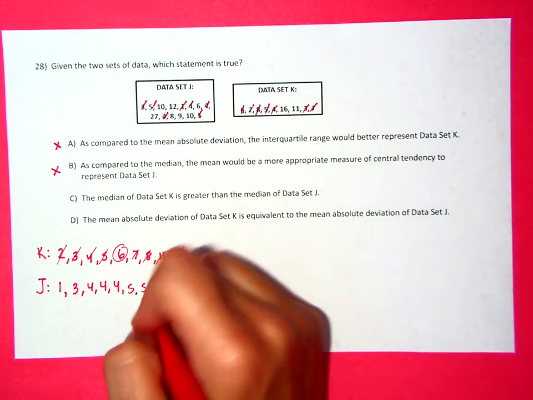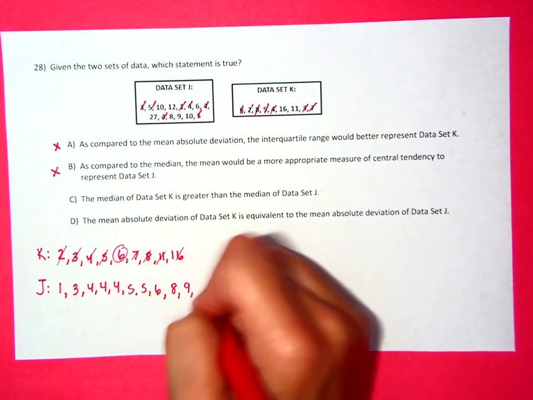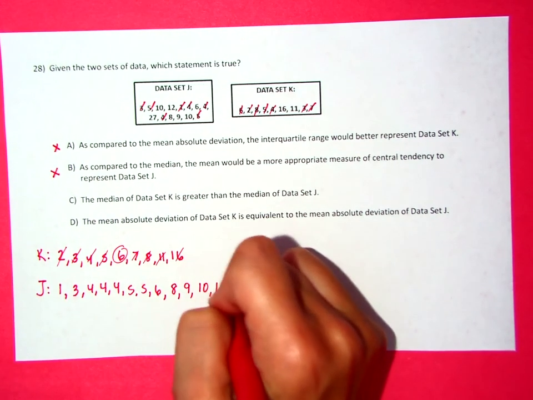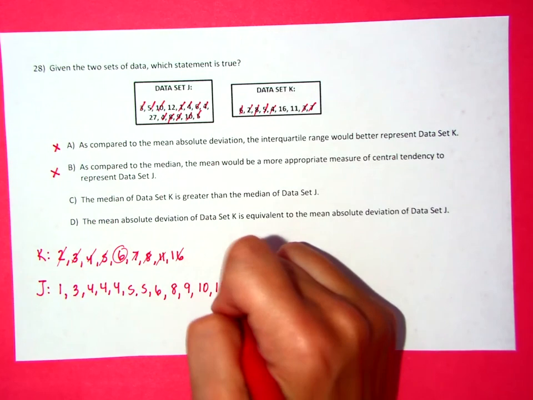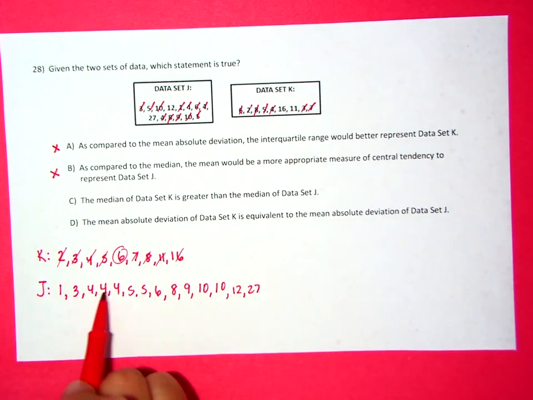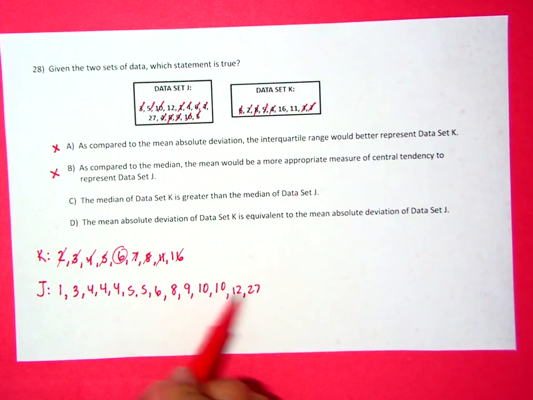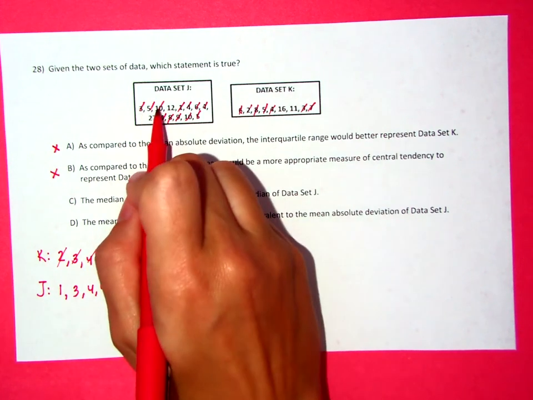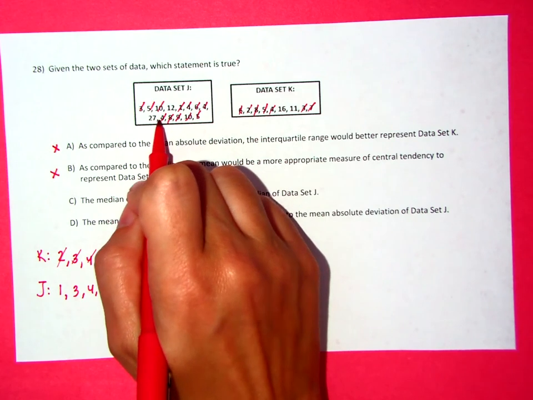Looks like we have a 6, an 8, a 9, and two 10s. And then we have a 12 and a 27. Let's count. 1, 2, 3, 4, 5, 6, 7, 8, 9, 10, 11, 12, 13, 14.